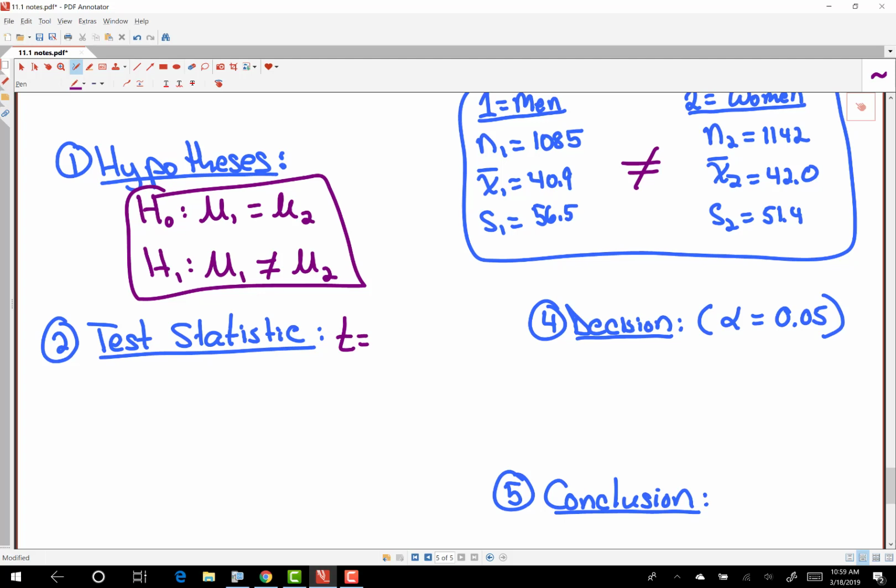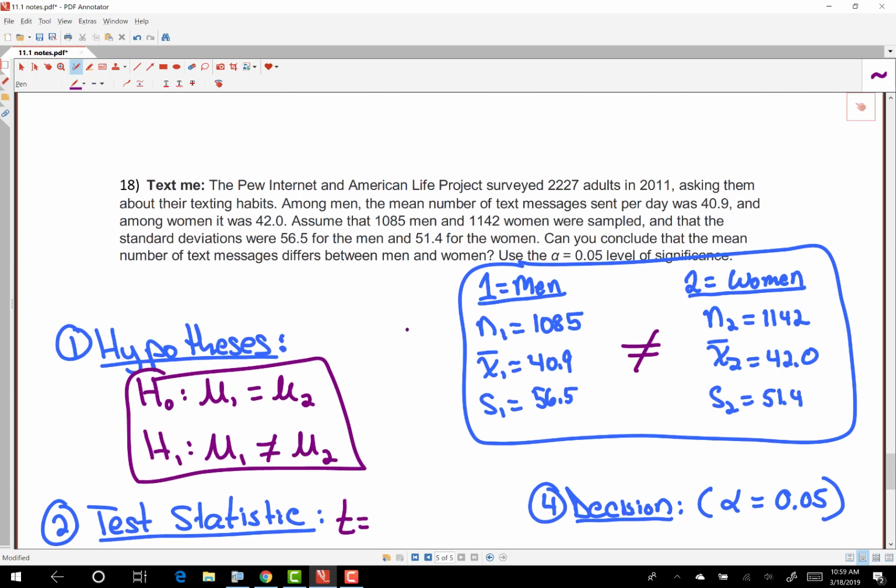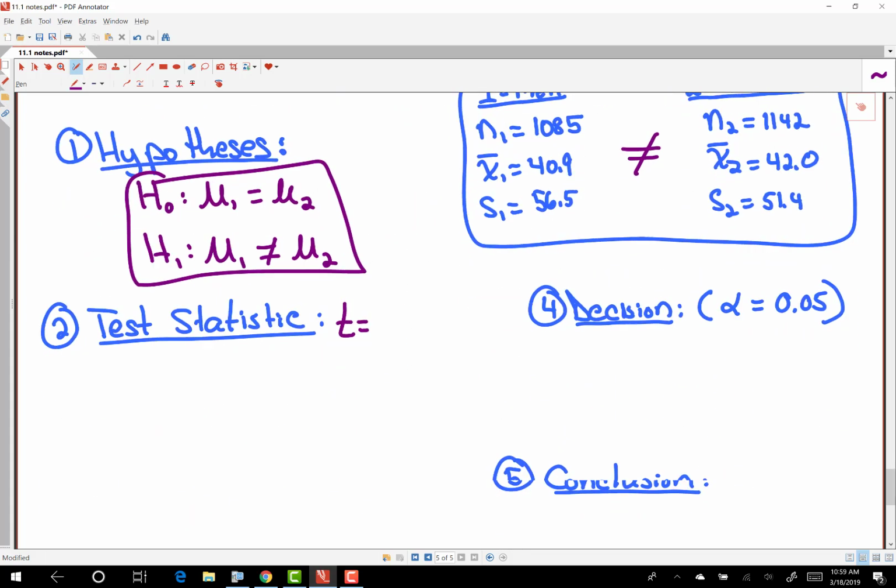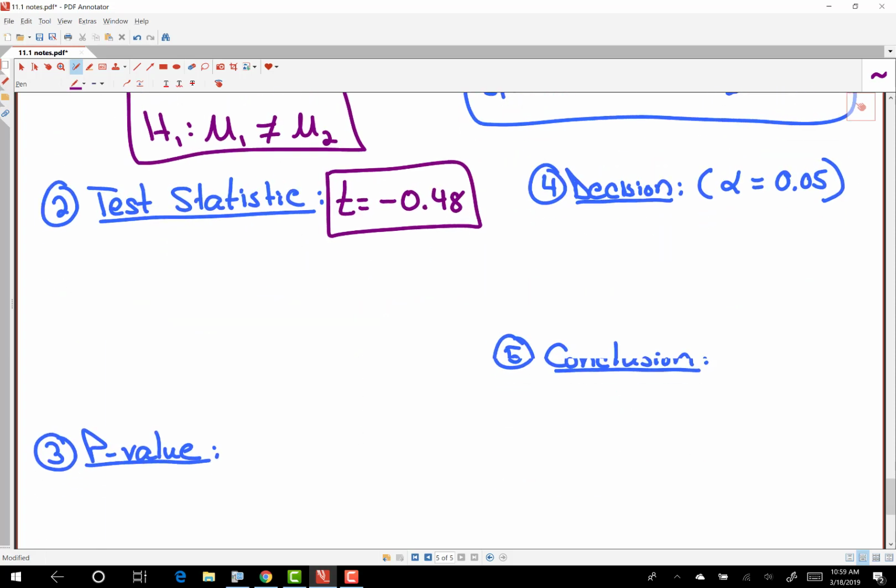Pooled needs to say no, and then calculate. And so you should get your t-value, your test statistic, to be negative 0.48. And the p-value is 0.6314.